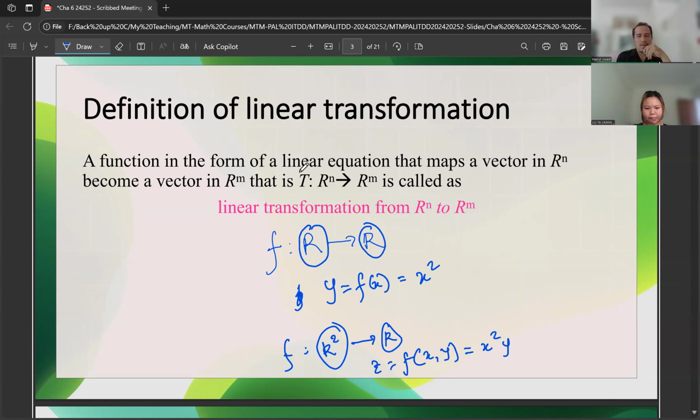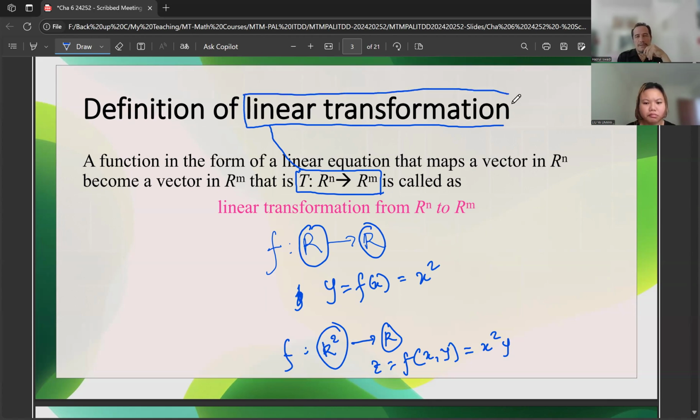So now we will talk about a special function. The special function is called a linear transformation. A linear transformation is a function itself, but the characteristic is that the function must be a linear equation.